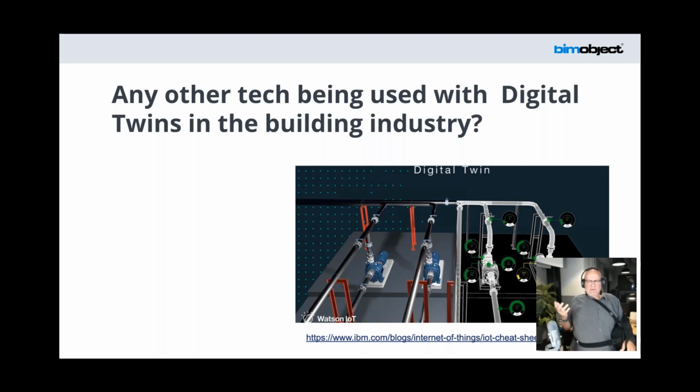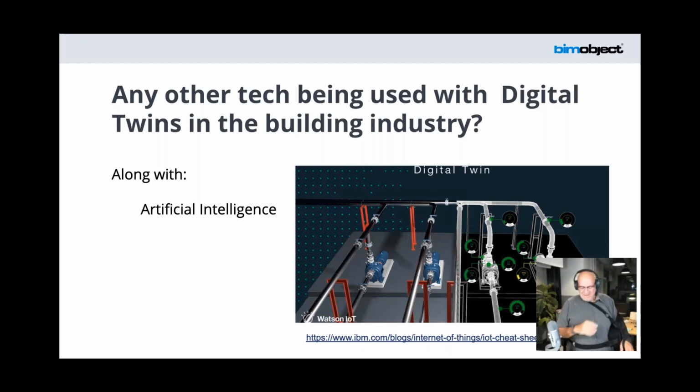Is there any other tech being used with digital twins in the industry? Well, glad you asked. Along with artificial intelligence, now the buzzword, sorry, maybe we'll have a whole talk on this later, but this covers a number of aspects, and I'm not going to go into those here. Machine learning, which complements or, in some circles, is another type of artificial intelligence.